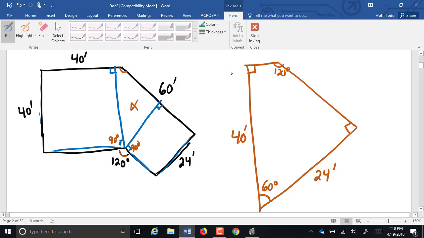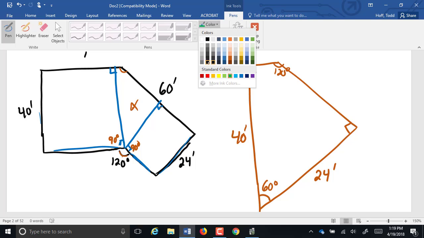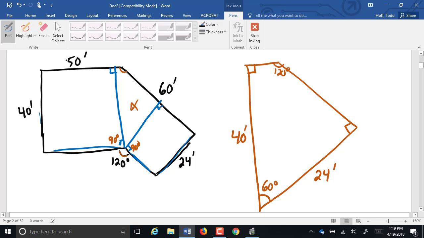Ah, very good point. Let's change that. That 40 is probably a bad dimension. Let's make that 50. Good point. Well, you know what? No, I don't need to change that. It's 40 here, but it's not 40 here. Yeah, good point. I don't have to change that.